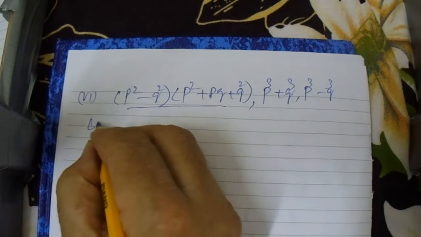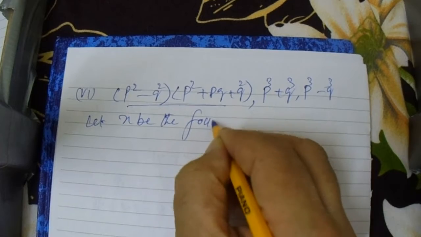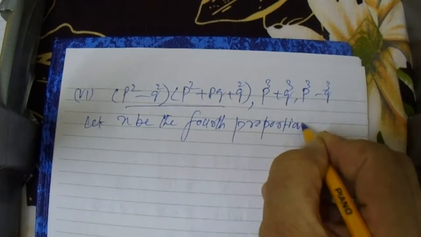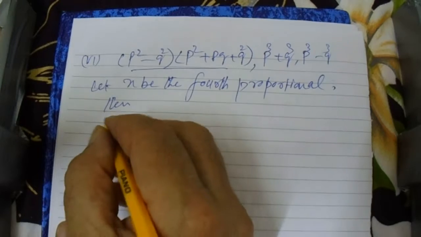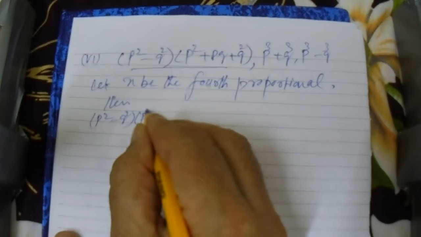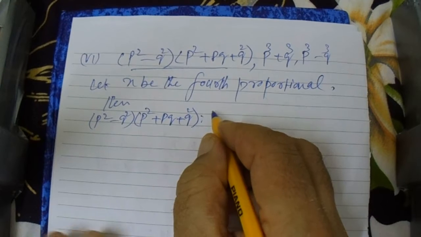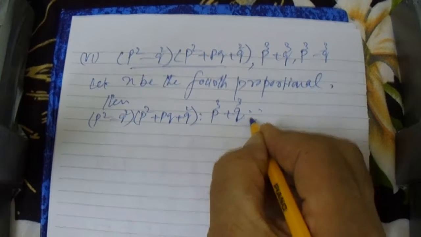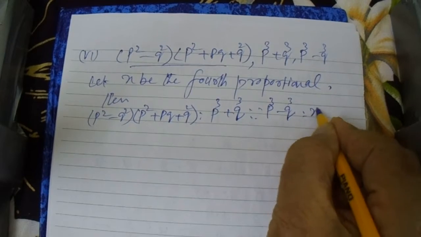Now again write this, let x be the fourth proportional. Then we write P square minus Q square into P square plus PQ plus Q square ratio P^3 plus Q^3 proportional P^3 minus Q^3 ratio x.